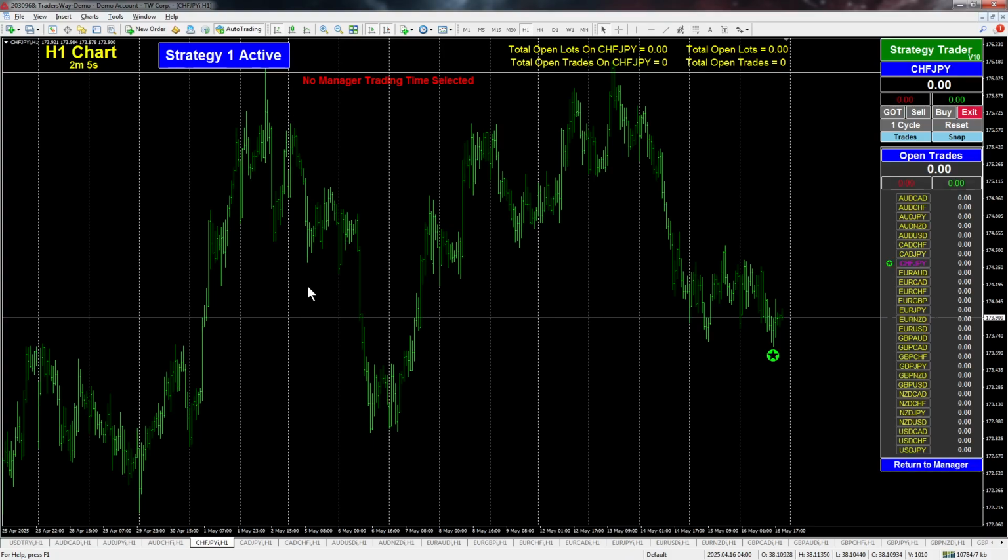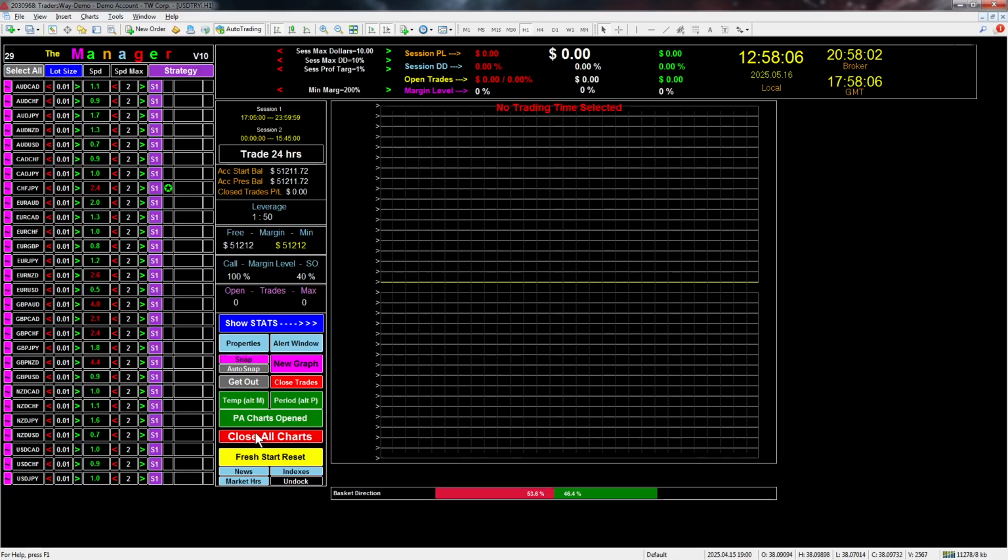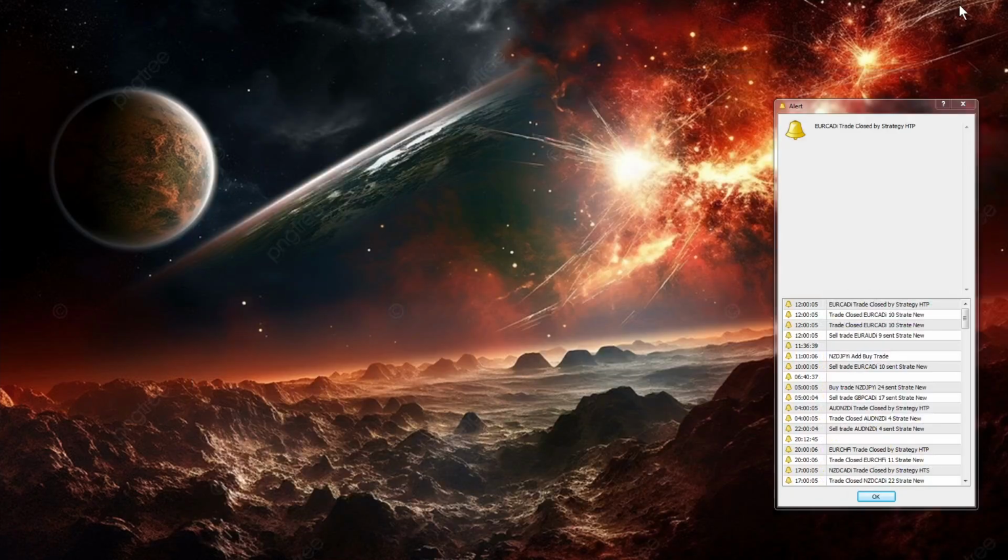Here, I'll show you what they look like over on a live chart. I'm just going to close all these. No point in having all this stuff running right now. And of course, all those signals, just like I said before, will all show up back here. So let's just get them out of the way.